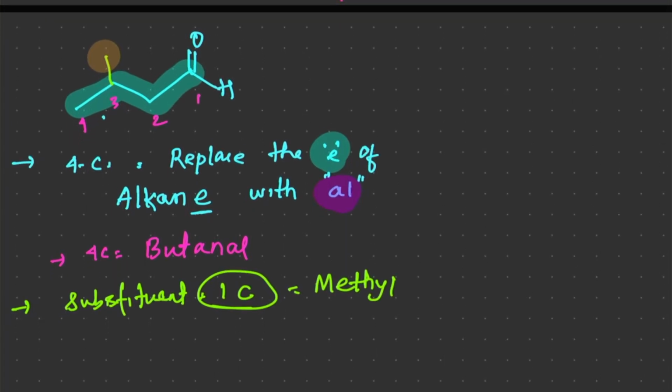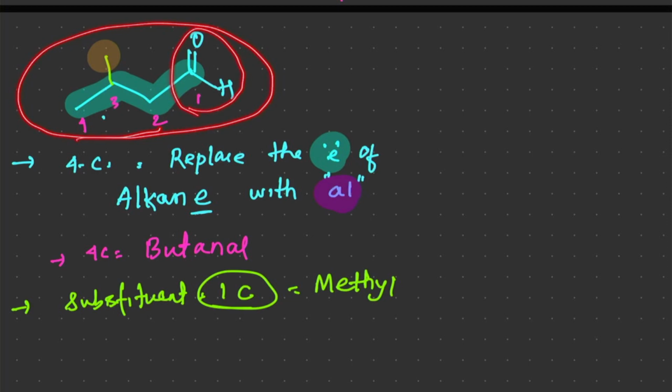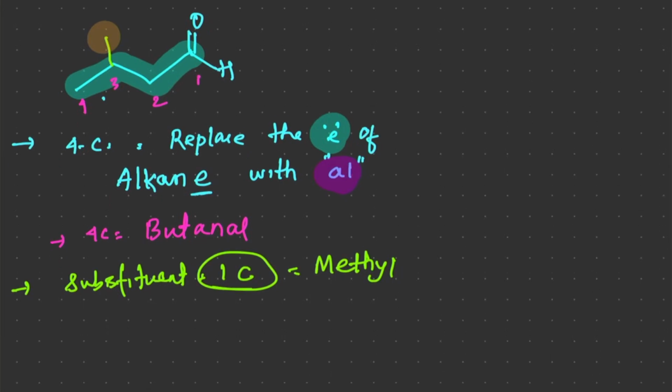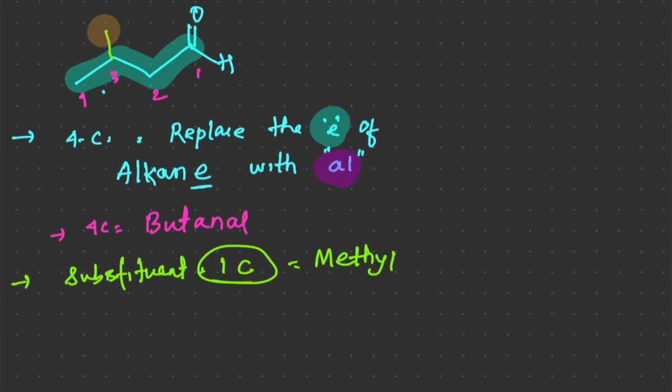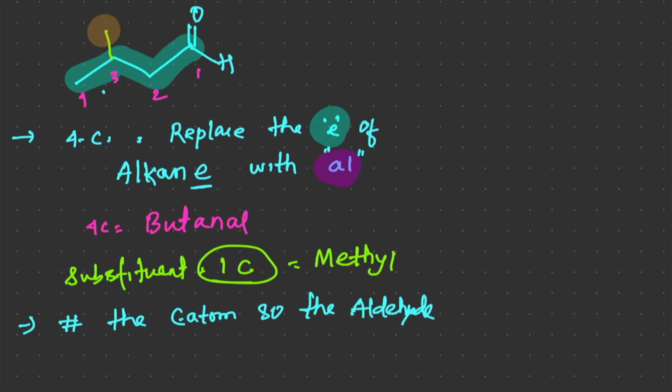So where is the location number? You have to number the carbon atoms so that your aldehyde gets the lowest possible number. The aldehyde gets the smallest number.